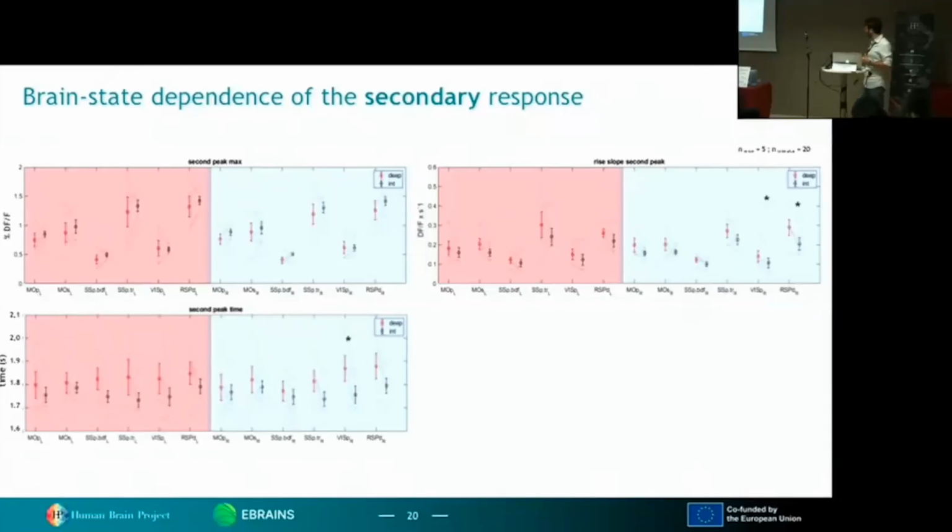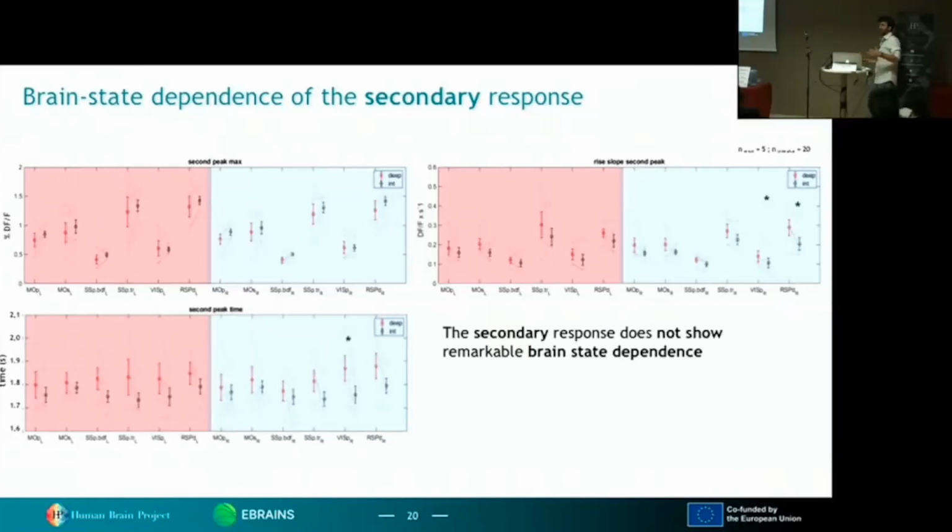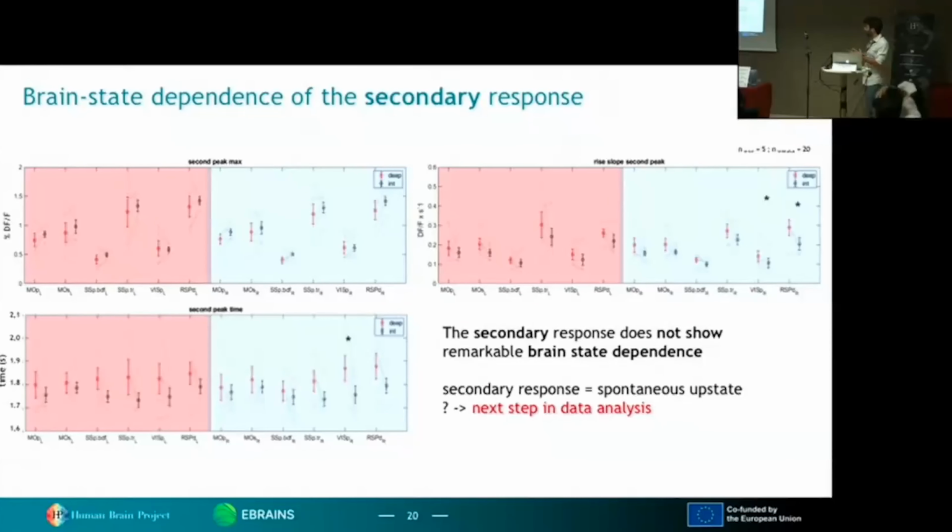There are some trends and some statistical significances, but overall, there is no remarkable brain state dependence of the secondary response dynamics. So we wonder if this is because the secondary response could be more similar to a spontaneous upstate. We want to perform some next-step analysis to understand the similarity between this secondary response and the spontaneous upstate.